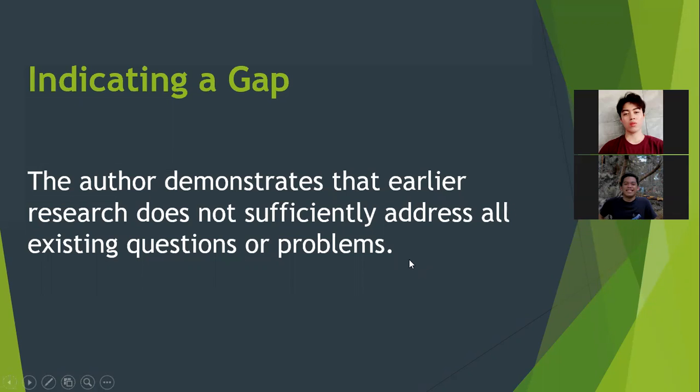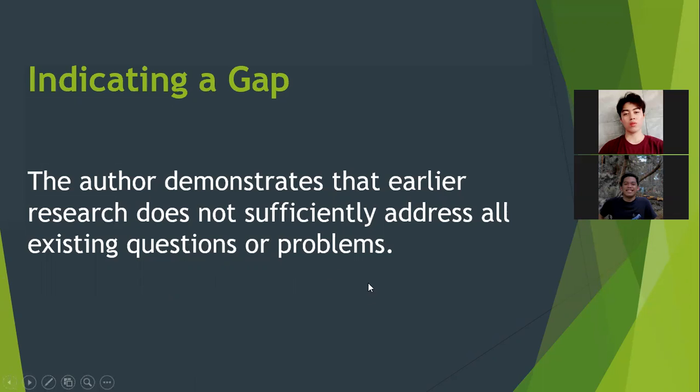As what I have mentioned earlier, your study is not really a new study, unless it's really a new study. But there are pre-existing studies that are the same with yours.